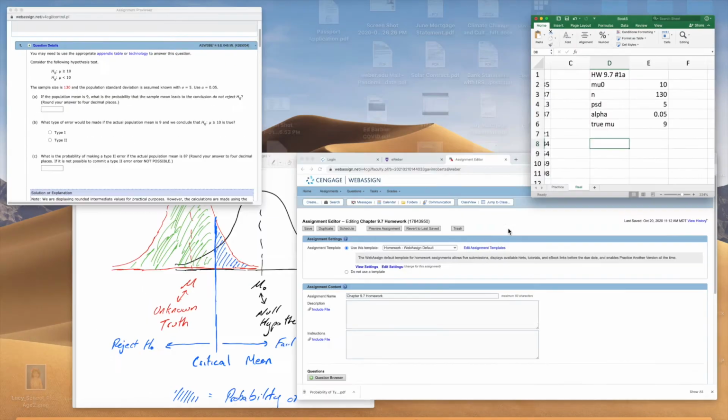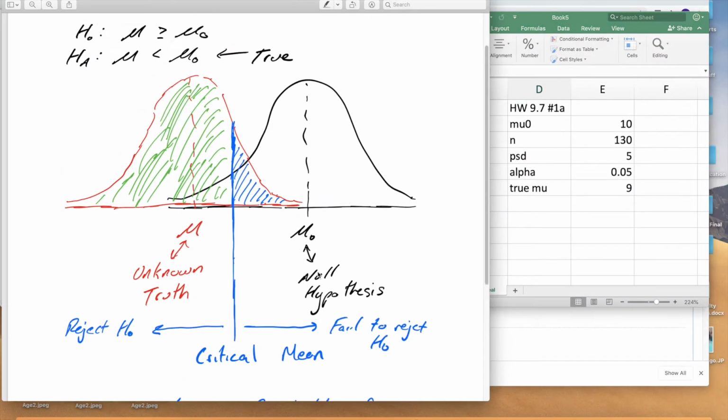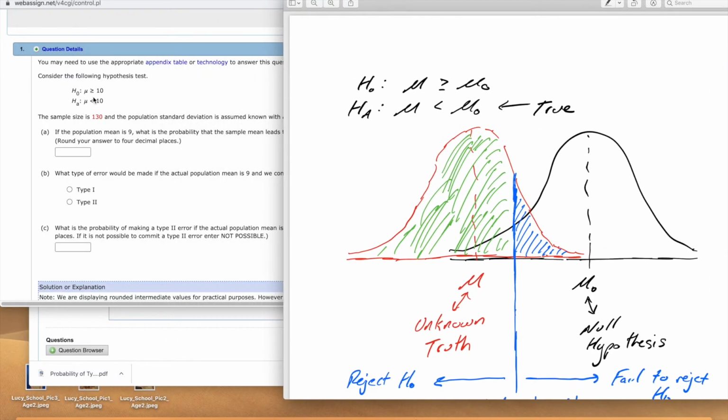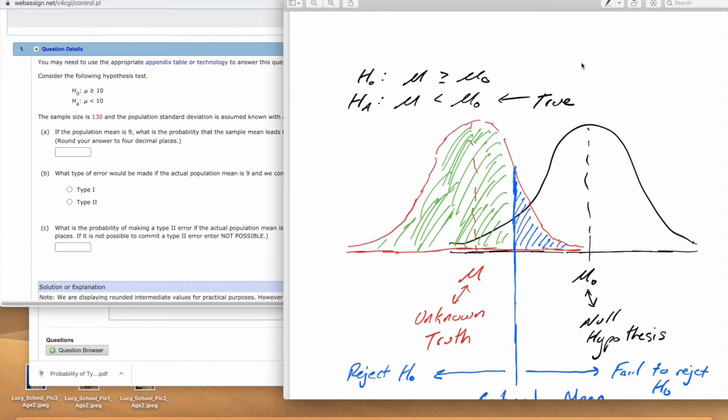So let's go to the notes real quick. We have a situation in this problem like this. We have a null mean, mu, is greater than or equal to 10. And more generally, mu is greater than or equal to some null number. In this particular case, that number is 10.